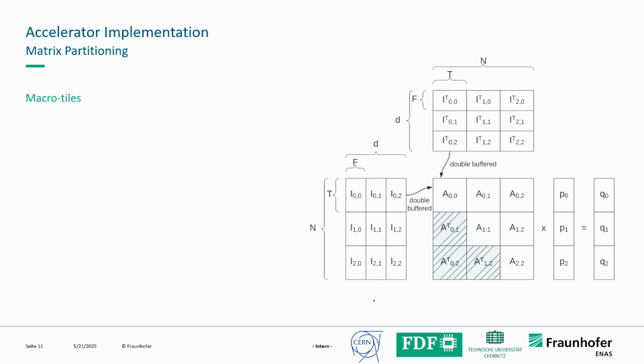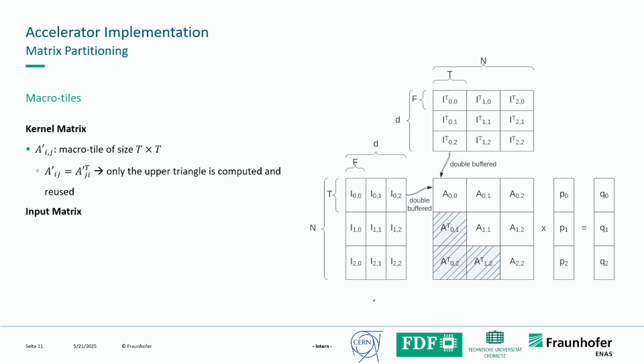Then you can compute only the upper triangle of this matrix, reducing the runtime by 2 because it's a triangular matrix. So we only calculate that. Then we follow with a multiplication with the vector P, for example, to get a vector Q. So it's a matrix construction plus matrix-vector multiplication.